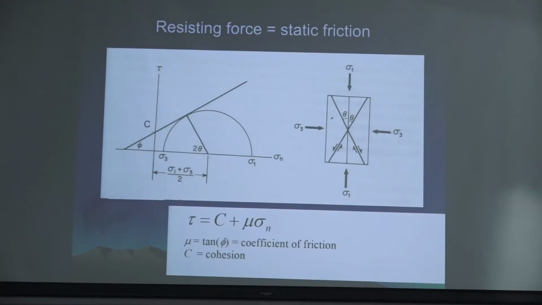The friction or resisting force is driven by static friction and is usually documented through the use of the Mohr-Coulomb criterion. That involves a cohesion term and a coefficient of friction. For most rocks and weathered rocks, whether carbonate, granite, schist, whatever, this friction coefficient close to the Earth's surface, at low pressure, is around 0.7 to 0.8.